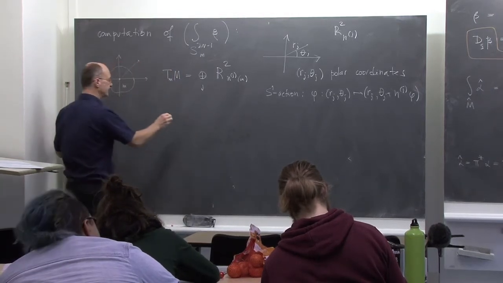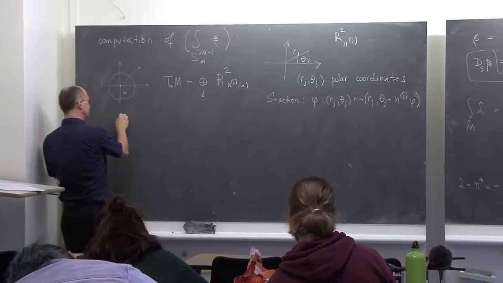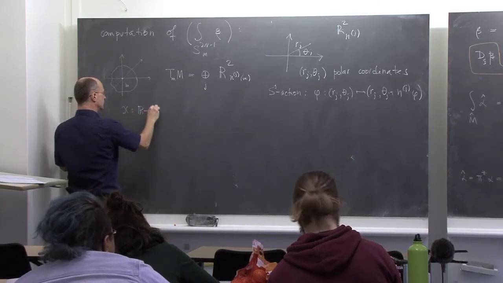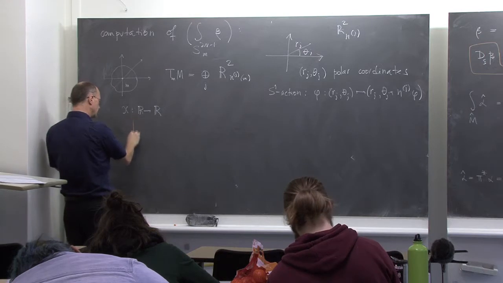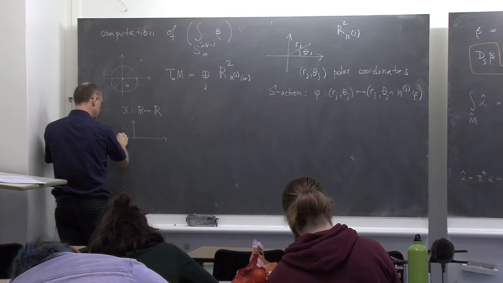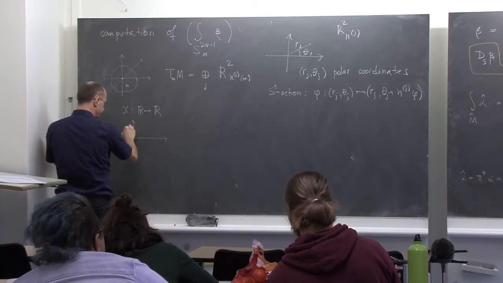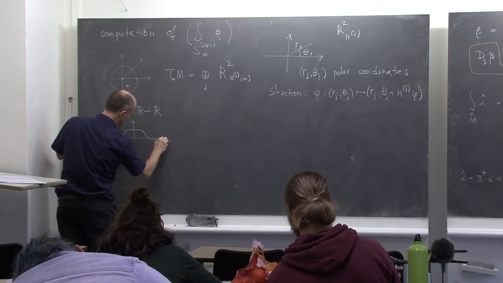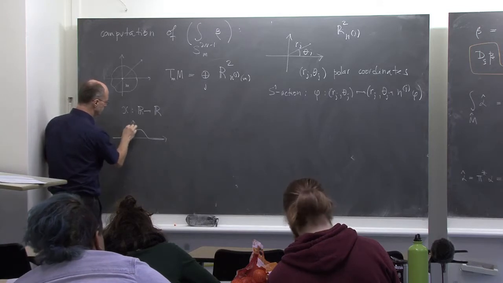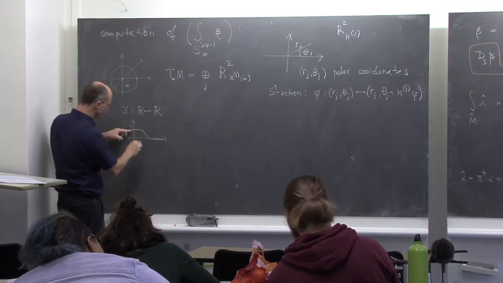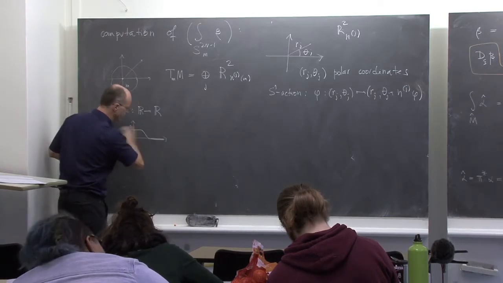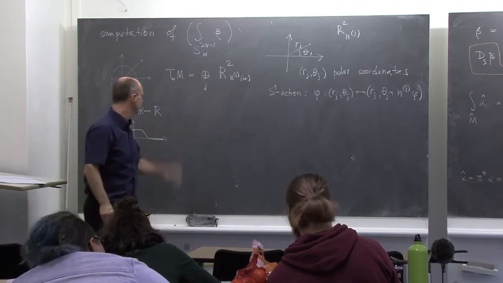So let me also introduce a function chi from R to R, a smooth function with compact support, which is symmetric and equal to 1 near 0, then descending and equal to 0 outside for sufficiently large r.